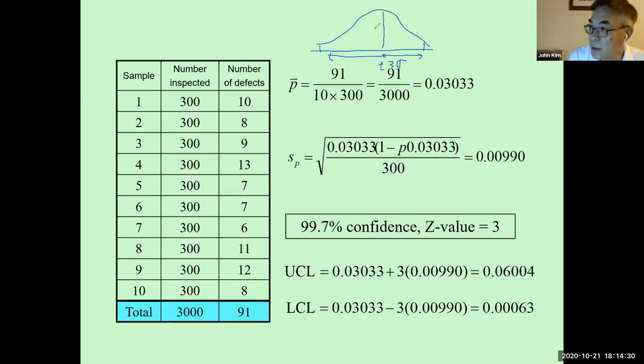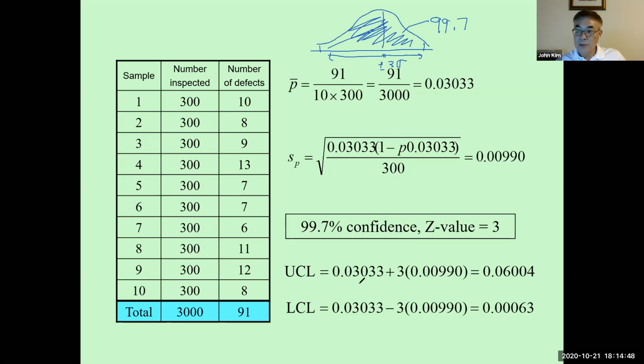Then the area inside is 99.7. Okay, so use 99.7 confidence, then Z value equals 3.